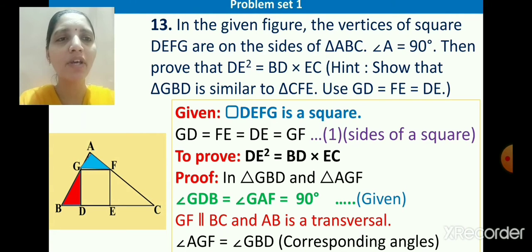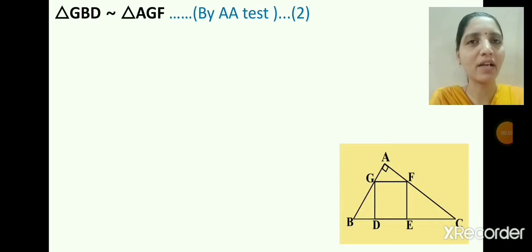Now here we got two corresponding angles congruent, so we can show these two triangles are similar. Yes, triangle GBD is similar to triangle AGF by which test? Correct, by AA test, because we have shown two angles equal. Write this as equation 2.